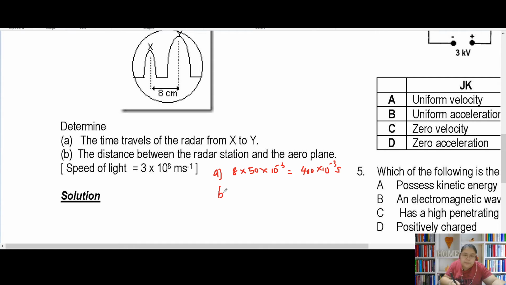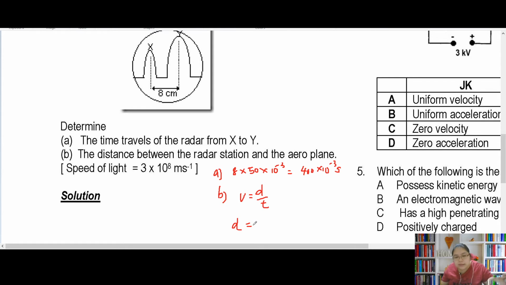Okay, B. They want to find the distance between the radar station and the aeroplane, and they give you the speed. Remember the formula, V equals displacement over the time. I want to know the distance traveled by the radar.